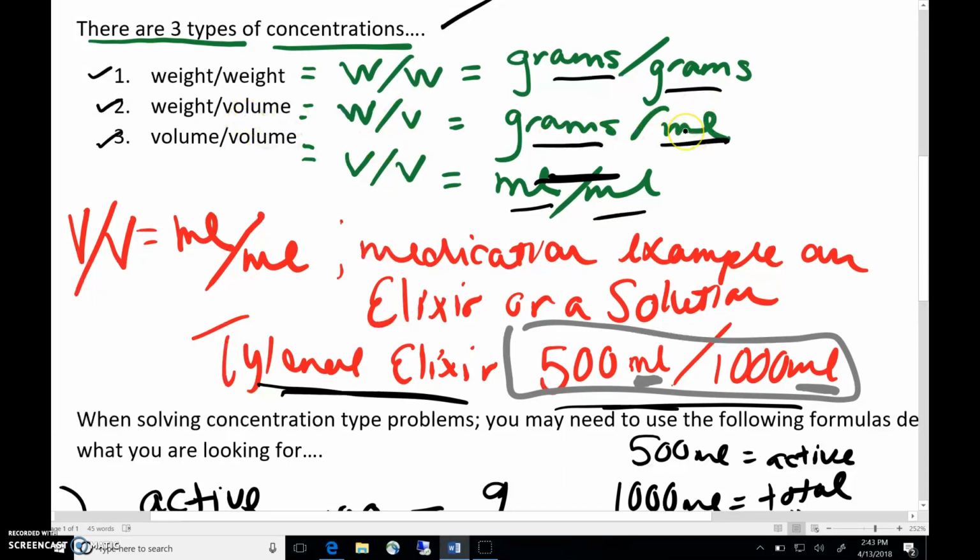Your milliliters, because it's grams per milliliter. Your top number is your active. Your bottom number is your total. So if it's weight to volume, your top number is in grams and your bottom number will be milliliters, which means that your top number is your active and your bottom is your total.